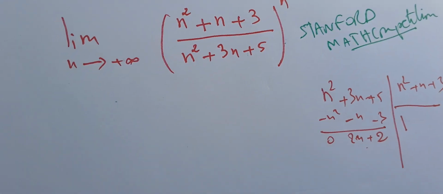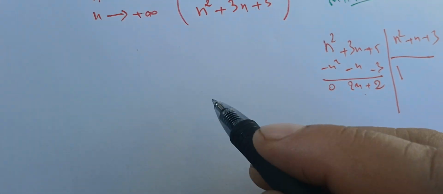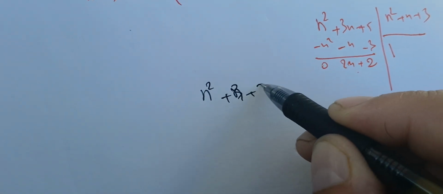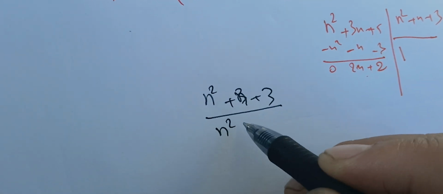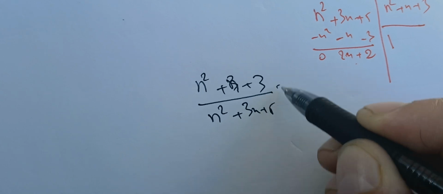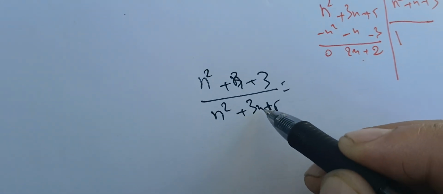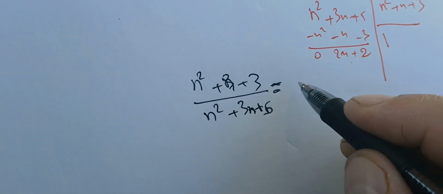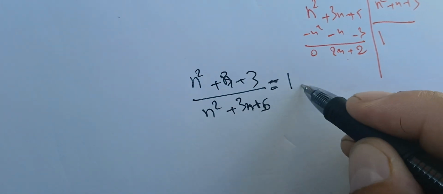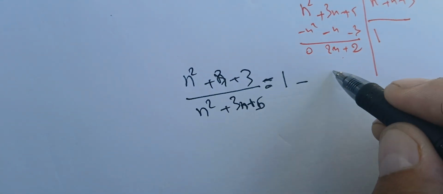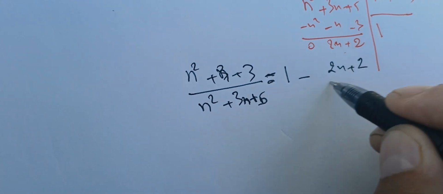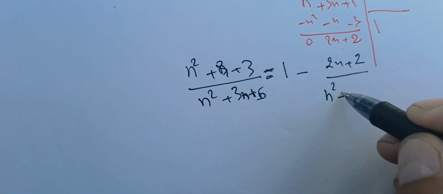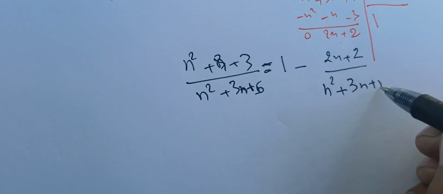We can rewrite n squared plus n plus 3 over n squared plus 3n plus 5 as 1 minus (2n plus 2) over (n squared plus 3n plus 5).